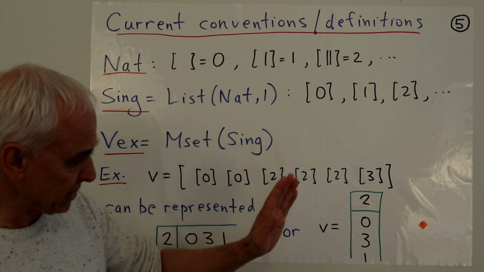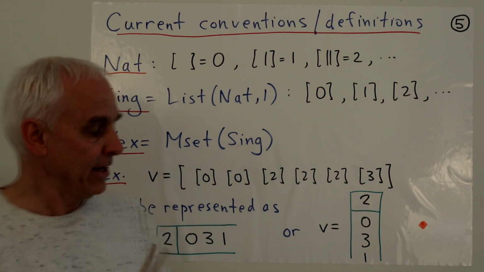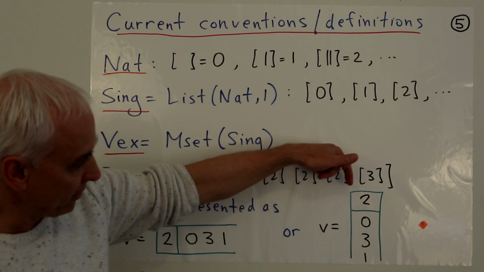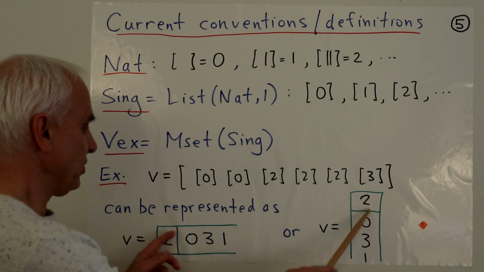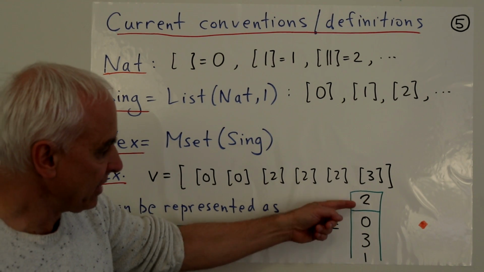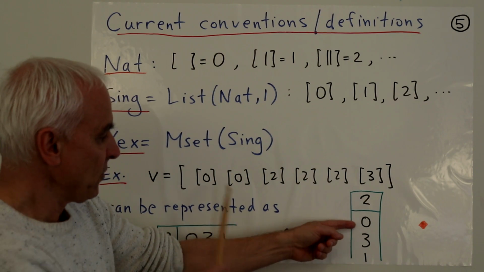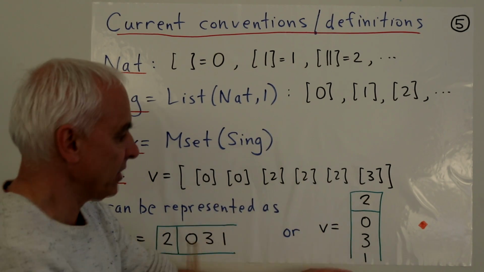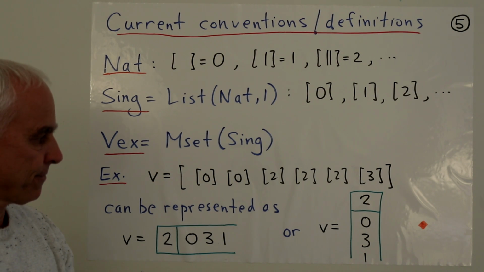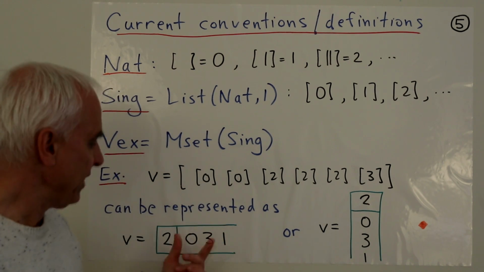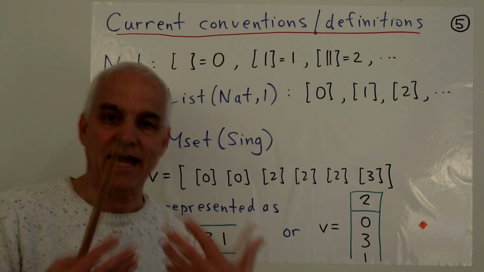If we write things vertically, it's the same kind of story. Now our vector is written from top down to bottom, and we have 2, 0, 3, 1, again representing the numbers of 0 singletons, 1 singletons, 2 singletons, and 3 singletons in our M set. So you should think about these things as being representatives.